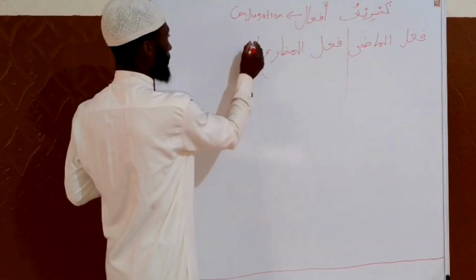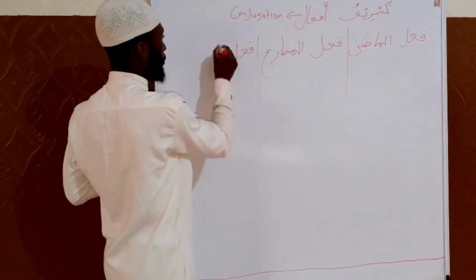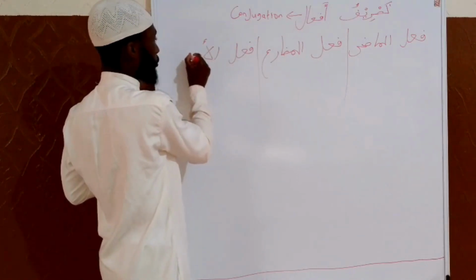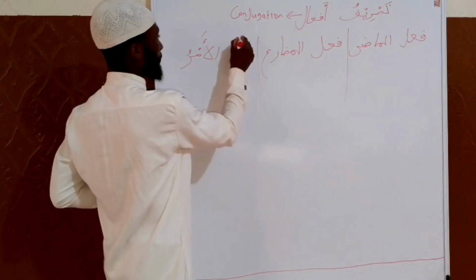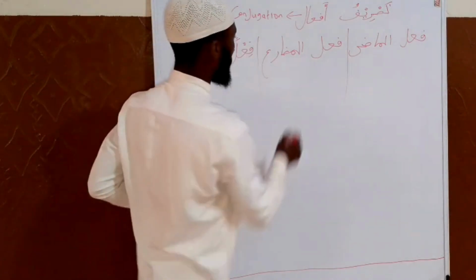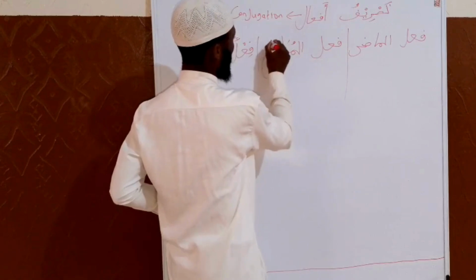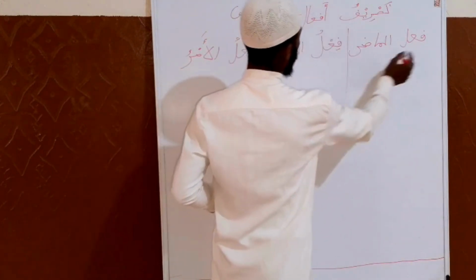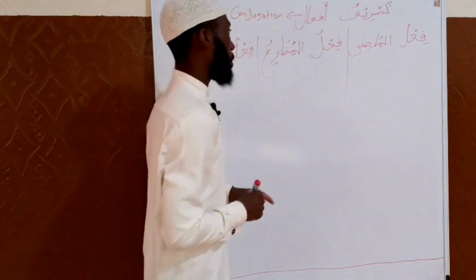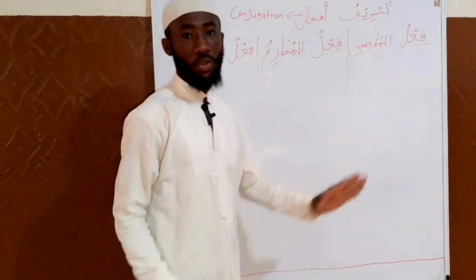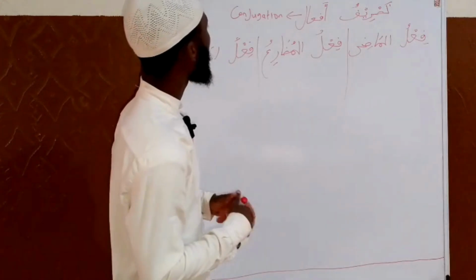Then we have fi'lu al-amru. These are the three types of verbs we have in Arabic.